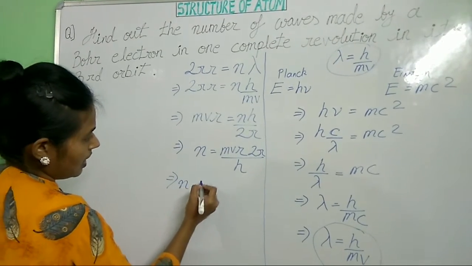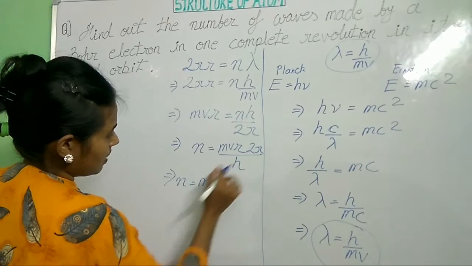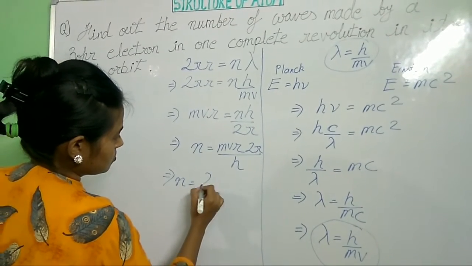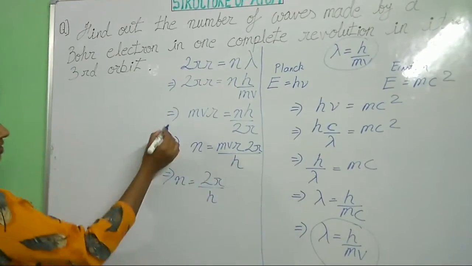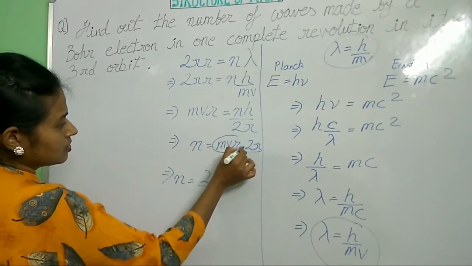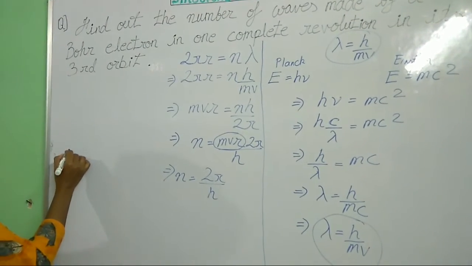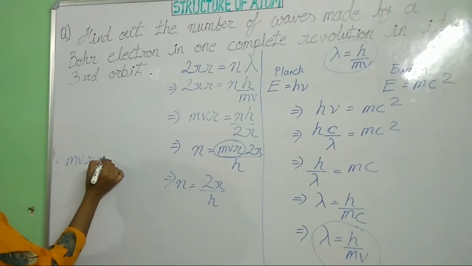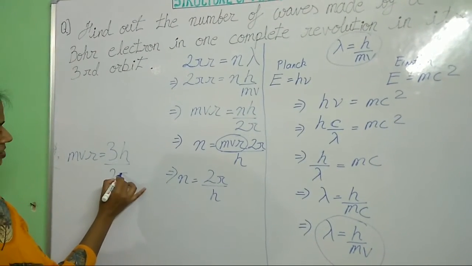N equal to mvr into 2 pi by h, right? And mvr here is, what is it? mvr is equal to nh by 2 pi. Means mvr will be, for the third orbit, 3h by 2 pi, right?